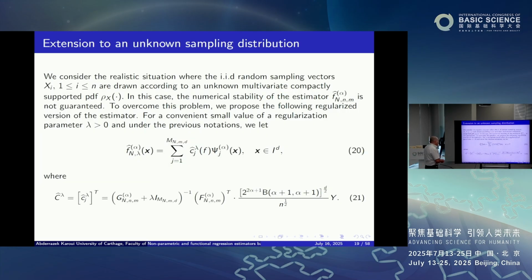Sometimes in real applications, the probability density of the x_i is unknown. In this case, we have to add a penalization term to our random projection matrix. That's the usual way to get the numerical stability of the estimator.